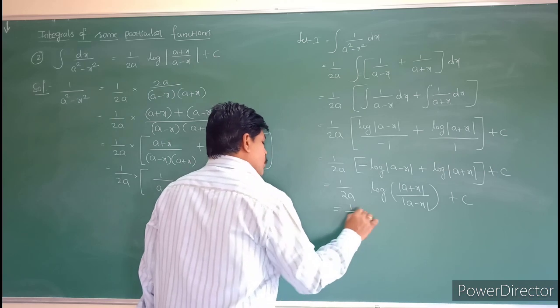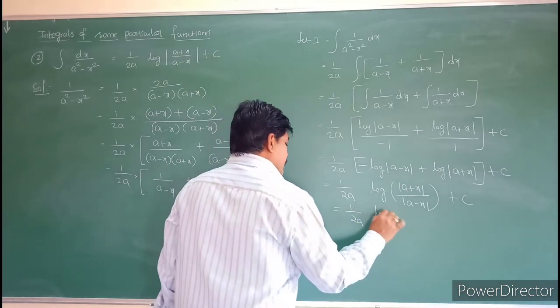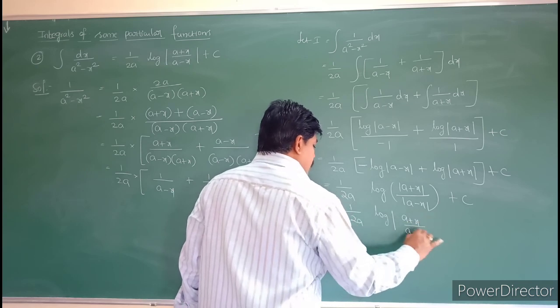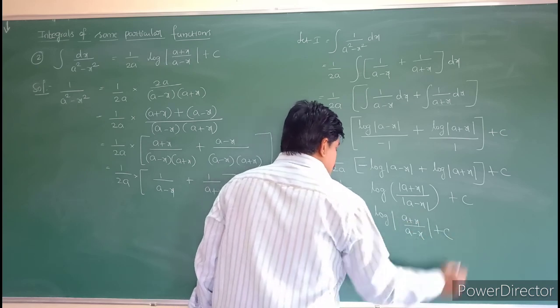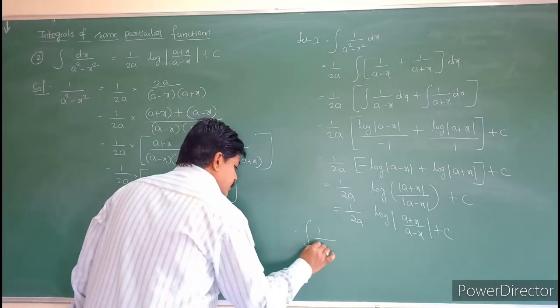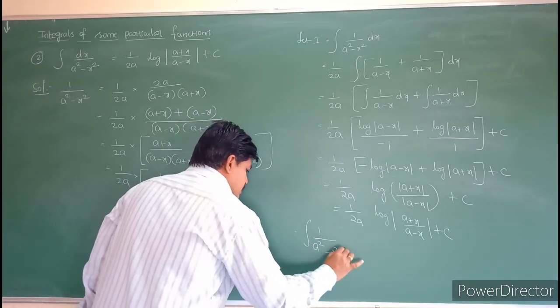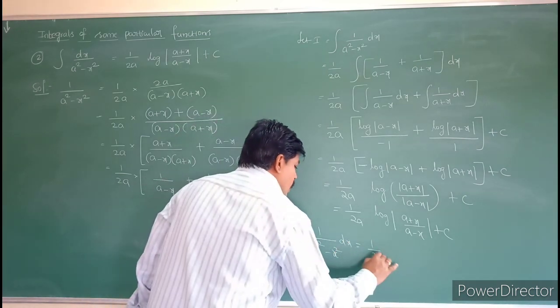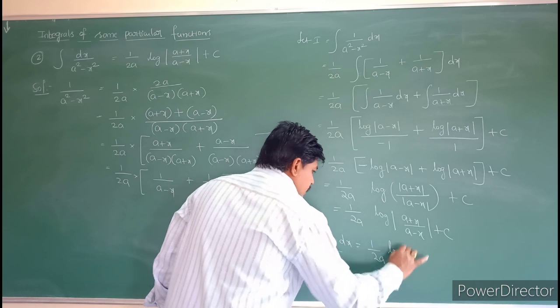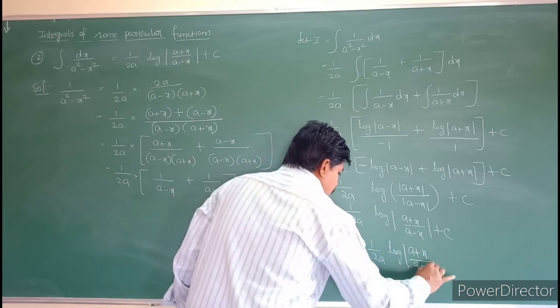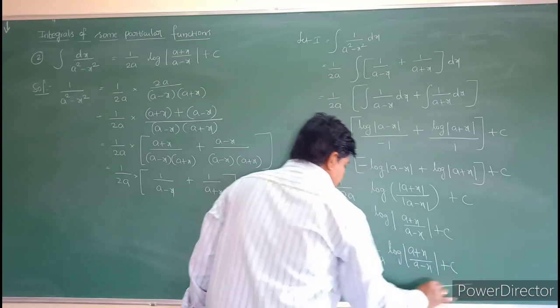So that is nothing but 1 by 2a into log of mod a plus x by a minus x plus c. Therefore the integral of 1 by a square minus x square into dx is equal to 1 by 2a into log of mod a plus x by a minus x plus c.